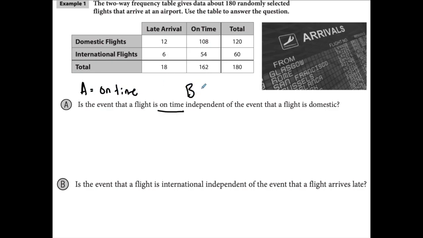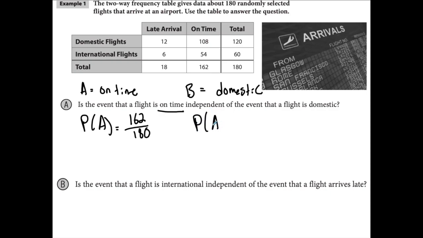Let B be the event that it's domestic. So the probability that a flight is on time is equal to 162 out of 180. If we were to choose randomly, there are 162 occurrences of flights being on time out of 180 randomly selected flights.